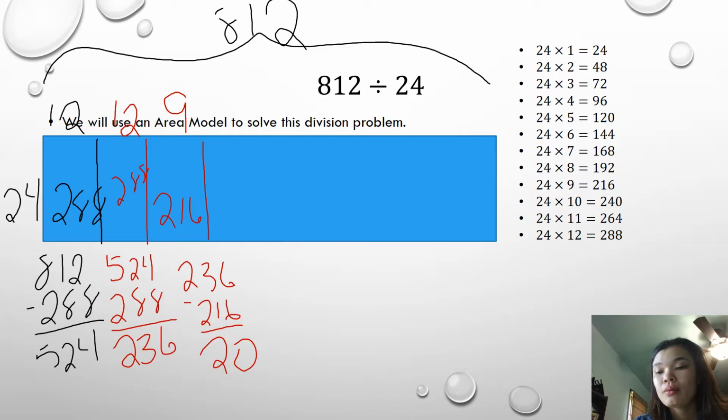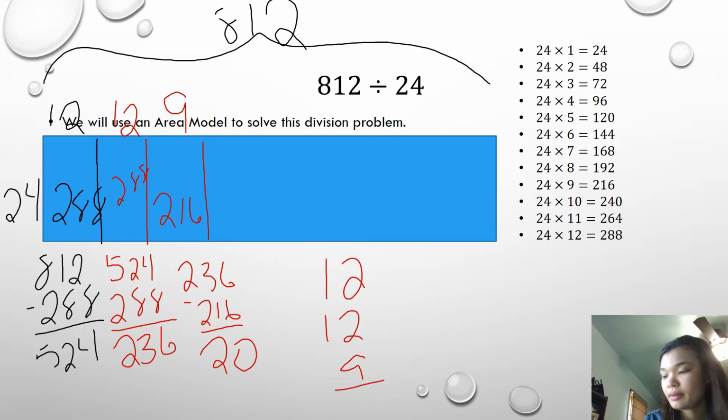So what we're going to do next is add 12 plus 12 plus 9, okay? What do you get when you add all those together? 33, right?